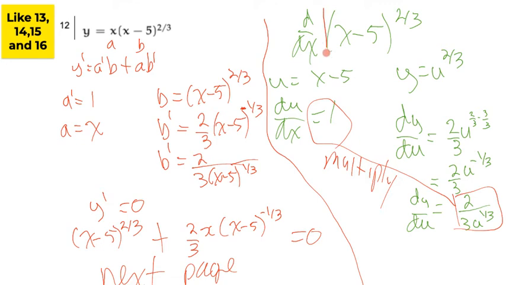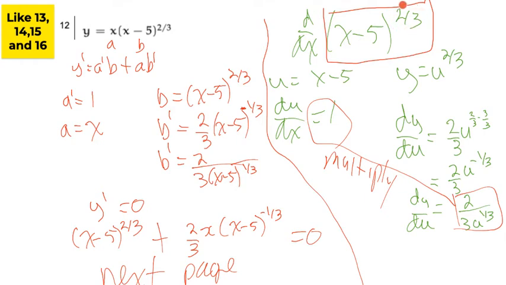Let's look at this. That's x minus 5 to the 2/3. What's the inside derivative? It's just 1, so it's just going to stay as x minus 5. There's not going to be a multiple here, because we're not going to have to differentiate the inside to generate something, since the derivative of this is 1.